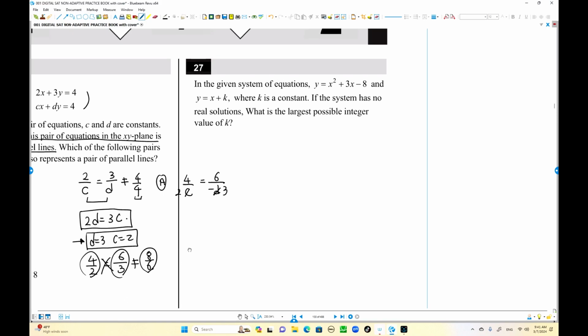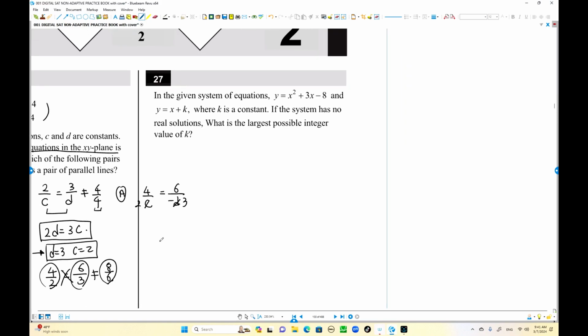Here is the last question, number 27. So we have a quadratic, x squared plus 3x minus 8, and y equals x plus k. The system has no real solutions. The only real solution is you can use a discriminant. That's a very popular tool, okay?